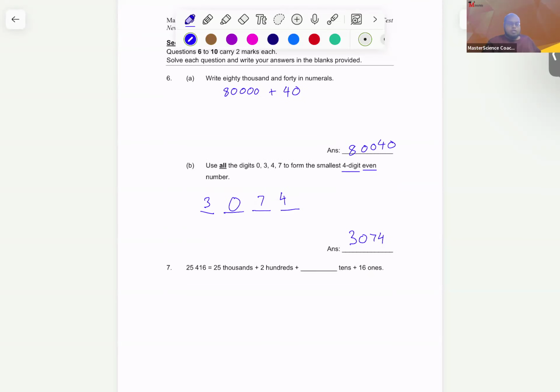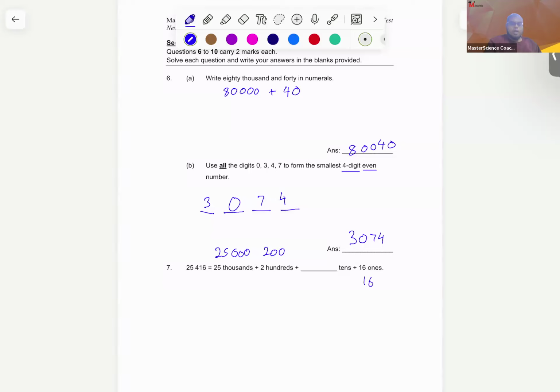So here is basically finding the blank. The blank there, if it's something plus something, you do the opposite. What's the opposite of plus? Minus, correct. But what I can do, I can plus all those that are given first. So you got 25,000, which is 25 and 3 zeros, 200 and 16 ones.